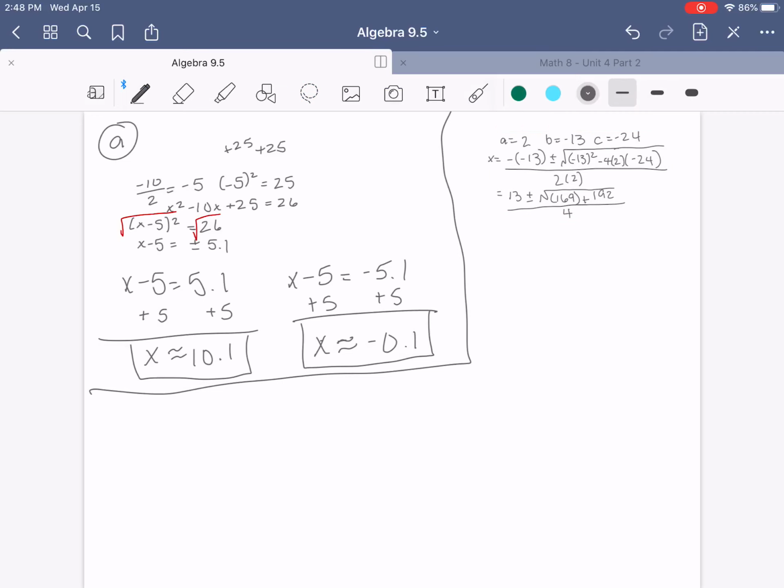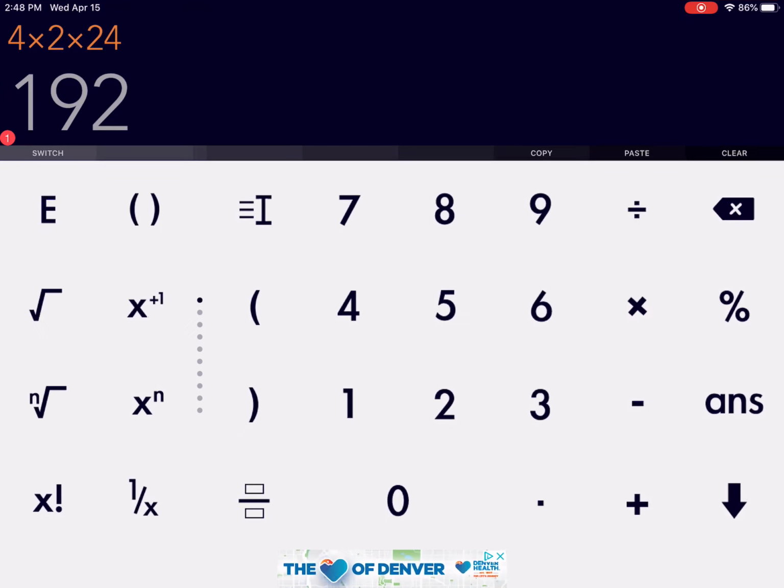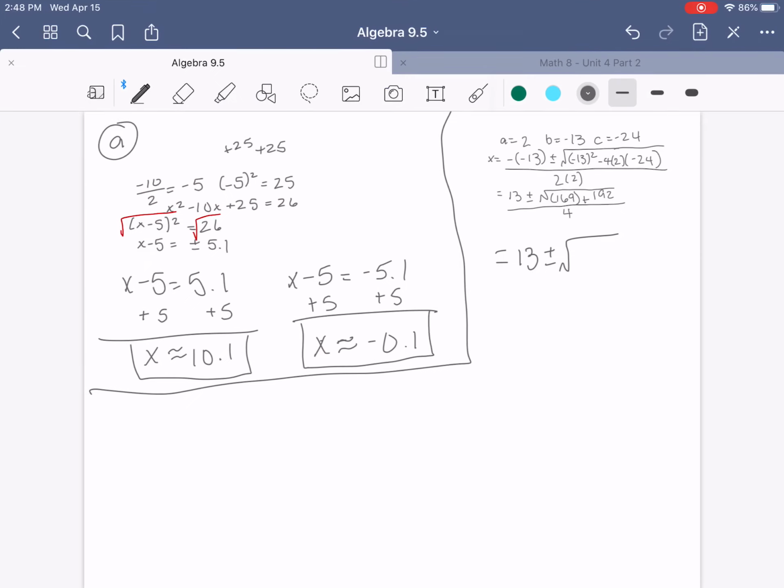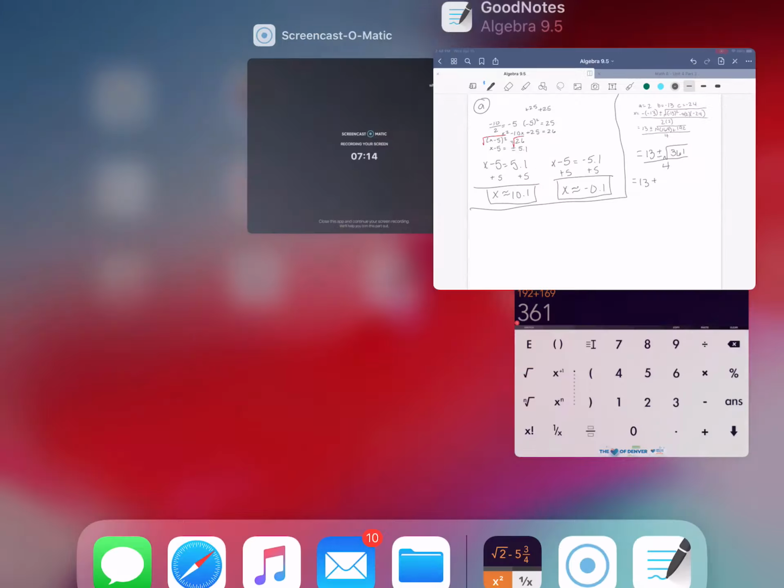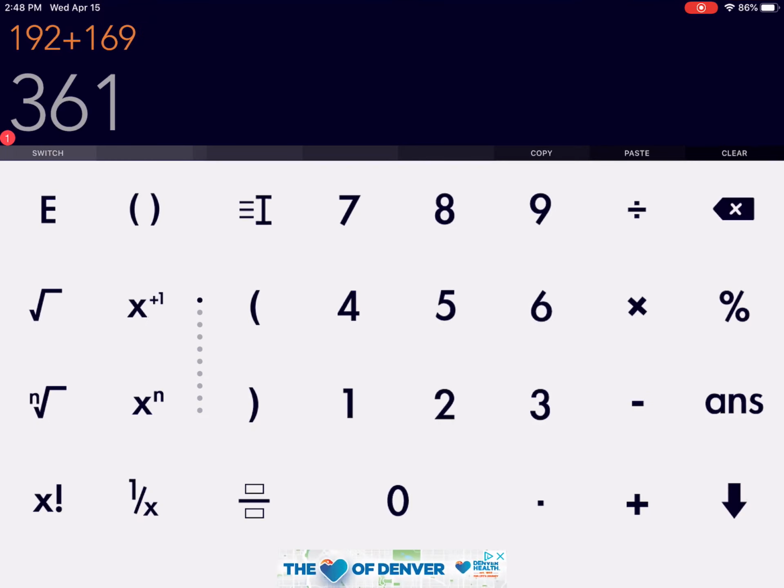All right, so I've got 13 plus or minus the square root of 169 plus 192, 361. Okay, so now I've got 13 plus the square root of 361.